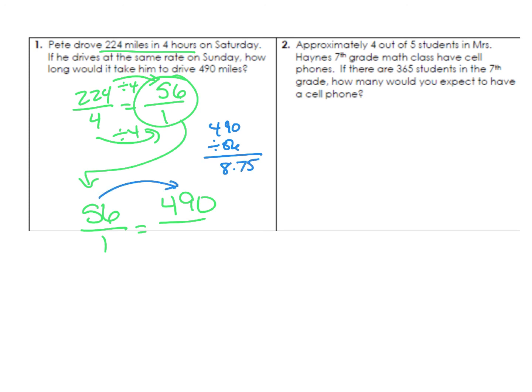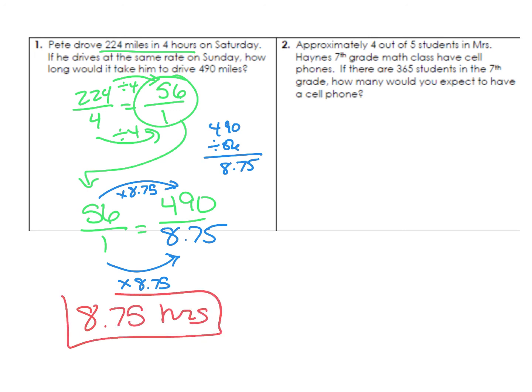So let's double check. 56 times 8 and 7/500 should give us 490. And it does. So that means I'm going to multiply by 8 and 7/500. Well, times 1 is 8 and 7/500. So our answer is it would take him 8 and 7/500 hours. But we had to do 2 steps. 1 to find the unit rate, and then the second to find the answer that we wanted.